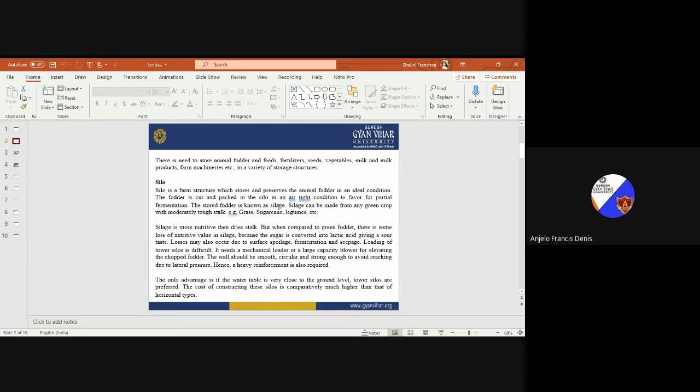A silo is a farm structure which stores and preserves the animal fodder in an ideal condition. The fodder is cut and packed in the silo in an airtight condition to favor partial fermentation.